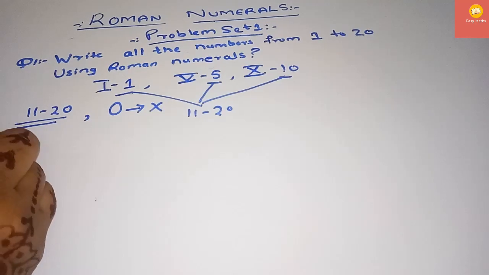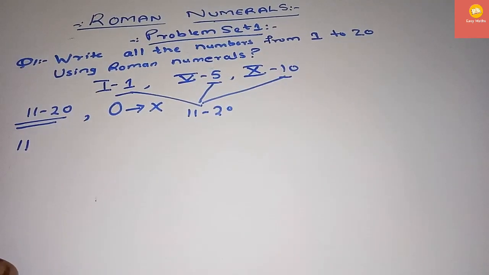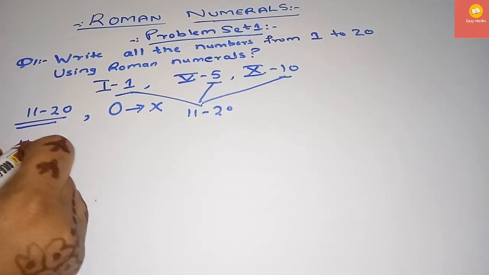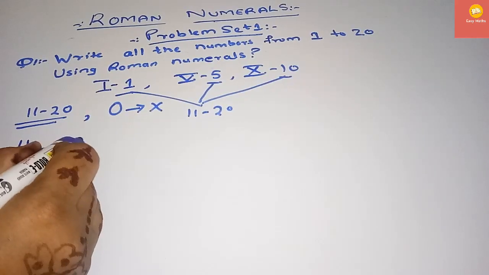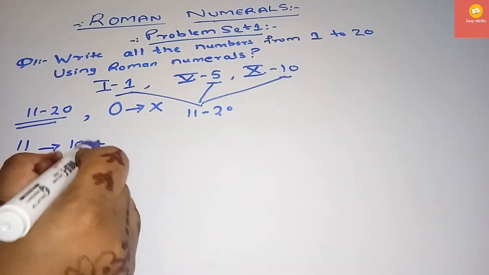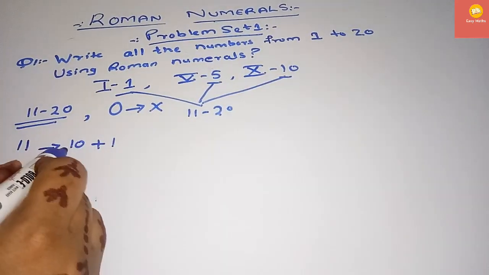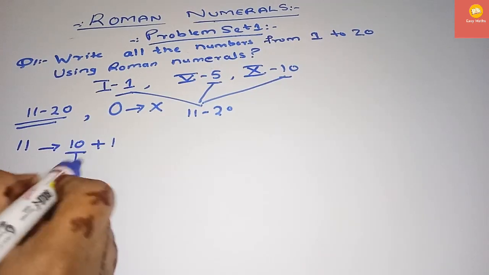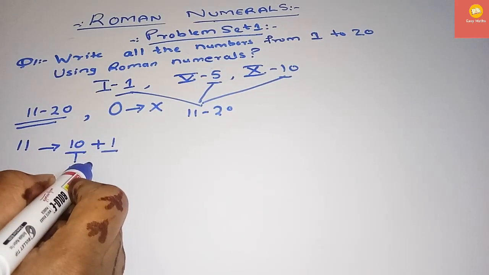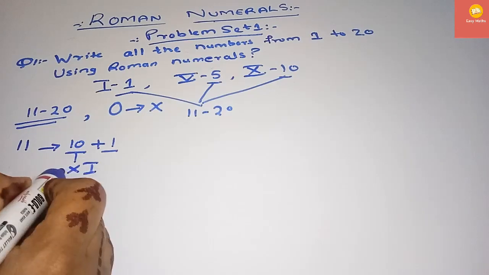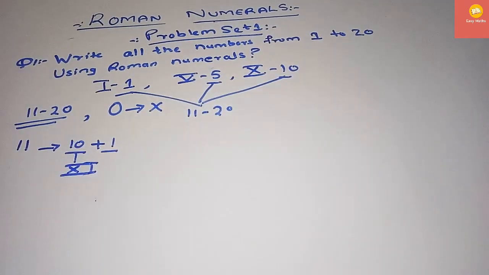Let's see. 11. We know that 11 is nothing but 10 plus 1 is 11. So what is the symbol of 10 and what is the symbol of 1? It's capital I, capital X. So this is how we write down the 11.